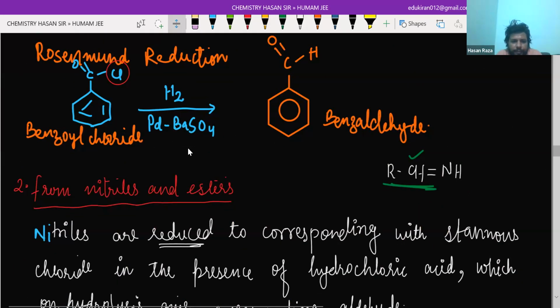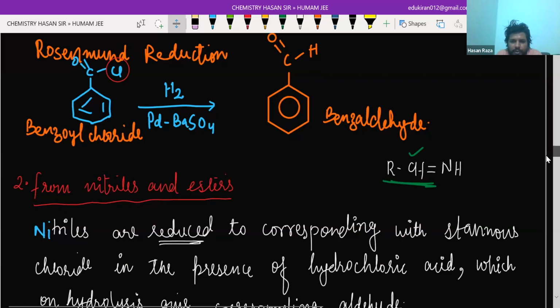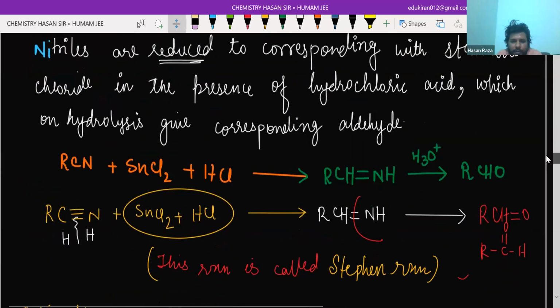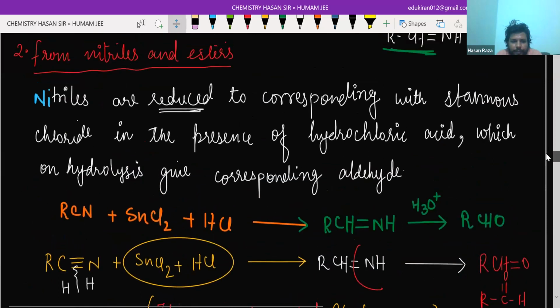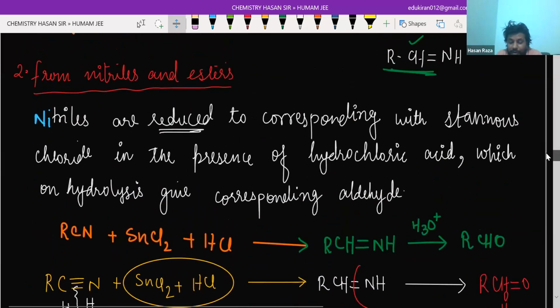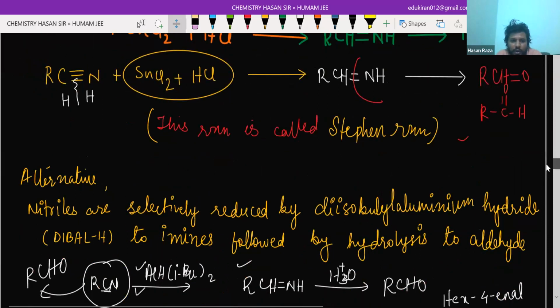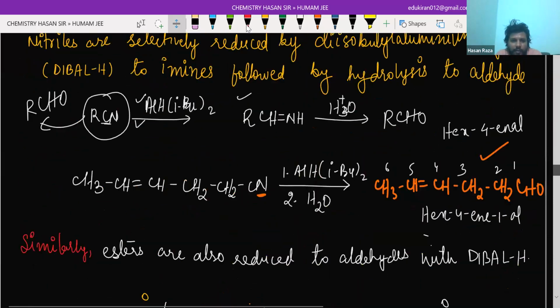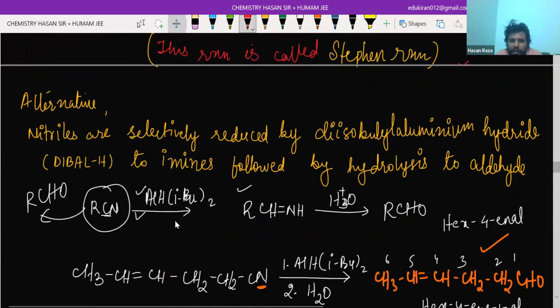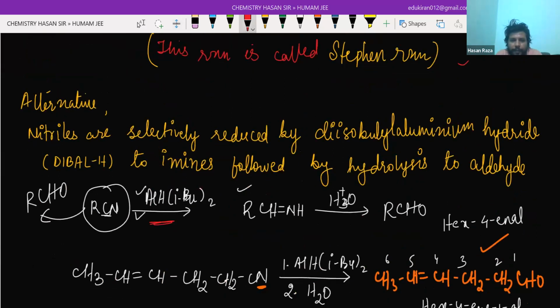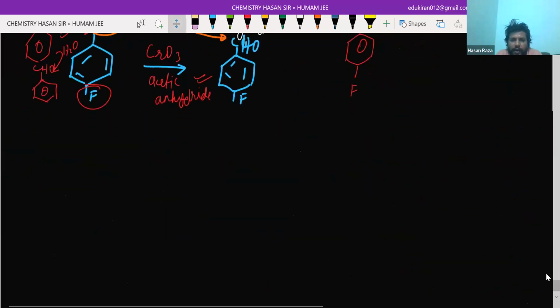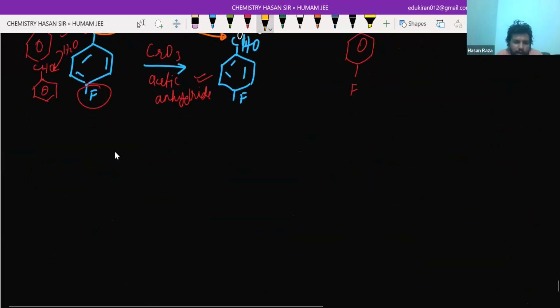See, from nitriles and esters, we used stannous chloride, or the alternative is basically double H you can use. Are you getting my point? Okay, sir. So you can directly use that as well. Like if you have ethane nitrile, double H you can directly use.